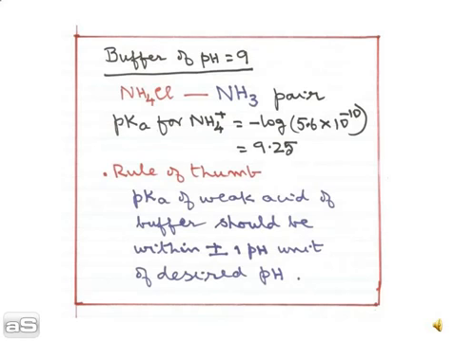So by adjusting again the concentration of the acid and the base, we can get the pH of 9. As a rule of thumb, we have to know that the pKa of the weak acid of the buffer should be within plus or minus 1 pH unit of the desired pH.